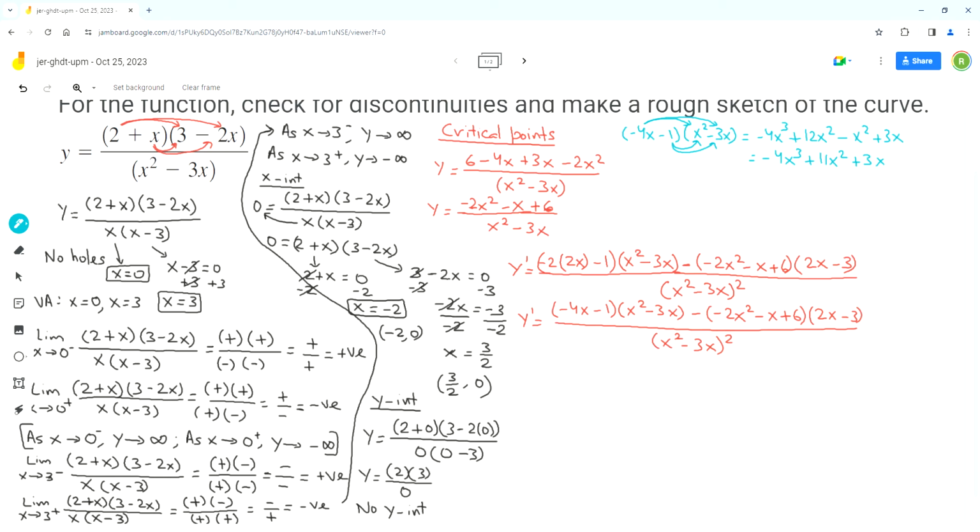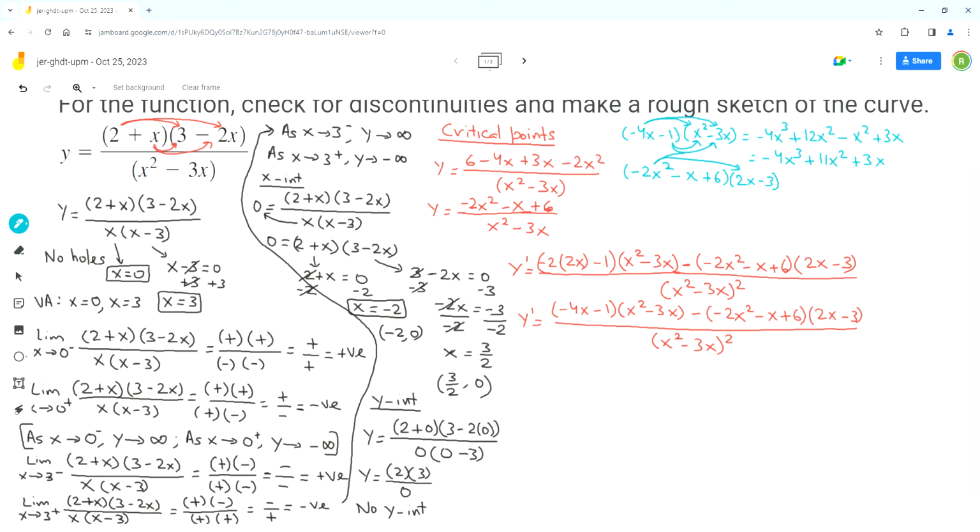Now we can simplify the second part. In the second part, we have (-2x² - x + 6) times (2x - 3). So we'll have to use the FOIL method here as well.